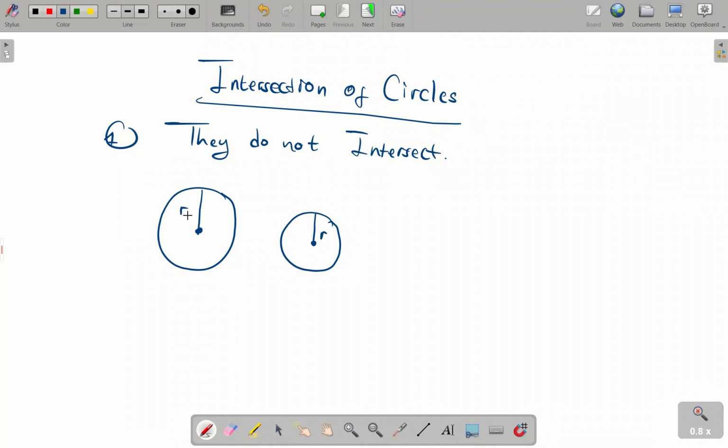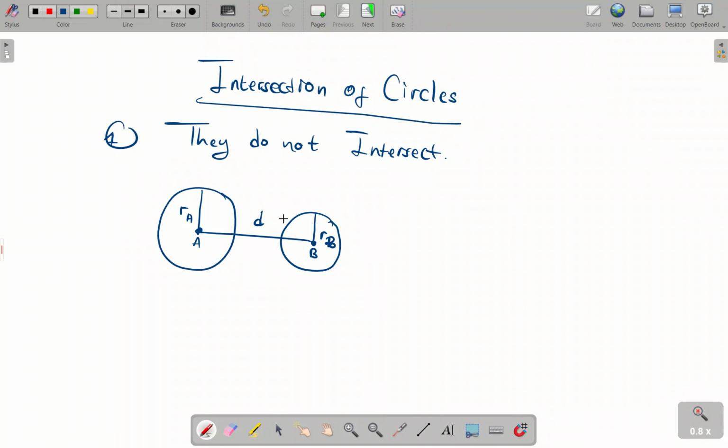You can call this your r1, and this will be your r2, and then this will be the distance between their centers. So that will be the d there. Let me say this is ra, rb. So this is your a, this is your b.